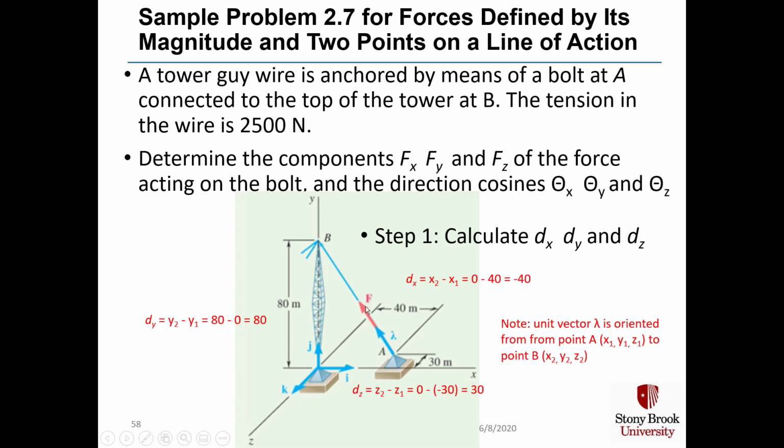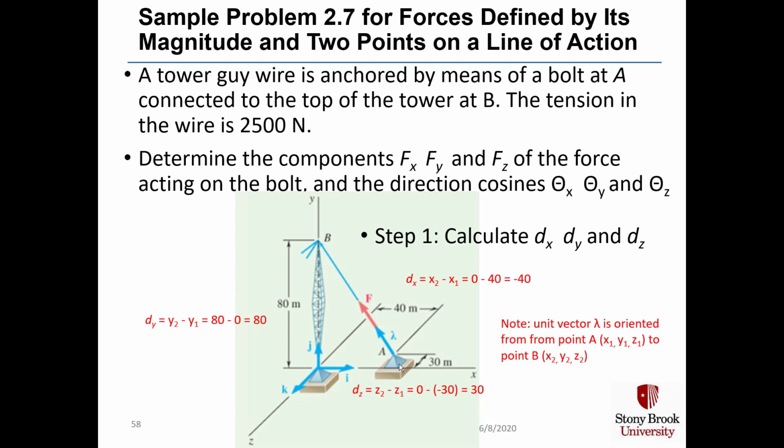The arrow for force F and unit vector lambda is pointed at B, which means that B represents point 2 and its coordinates x2, y2, z2, and A on the ground represents point 1, which is x1, y1, and z1.